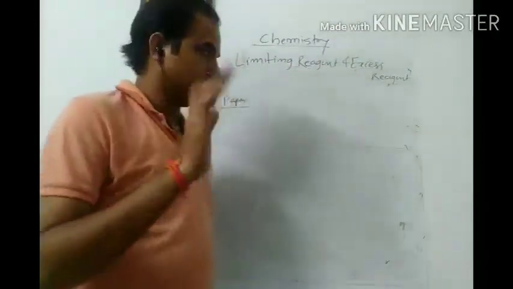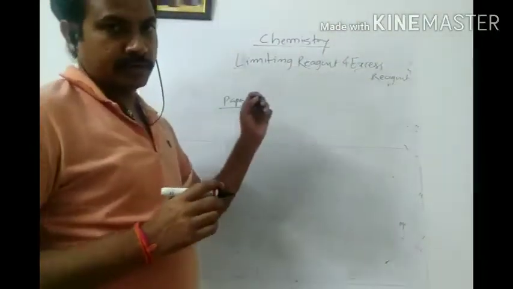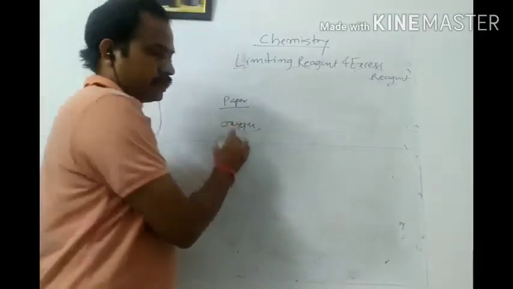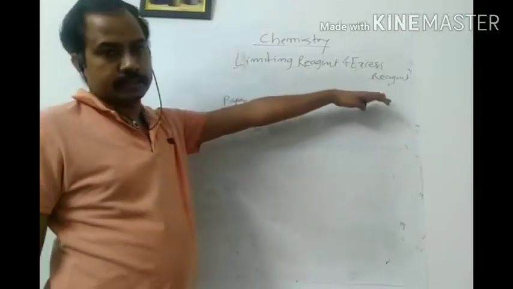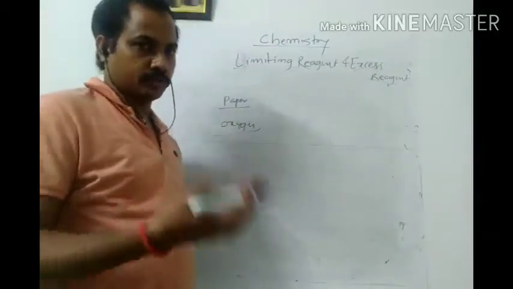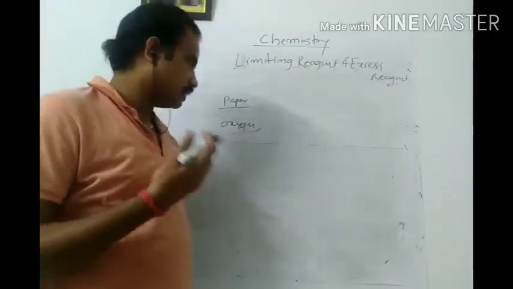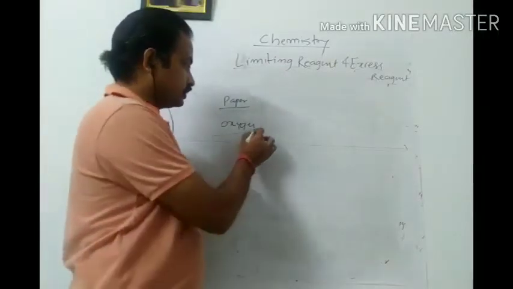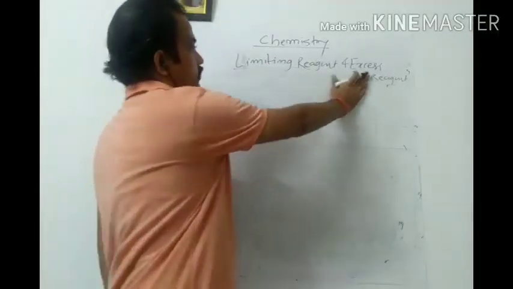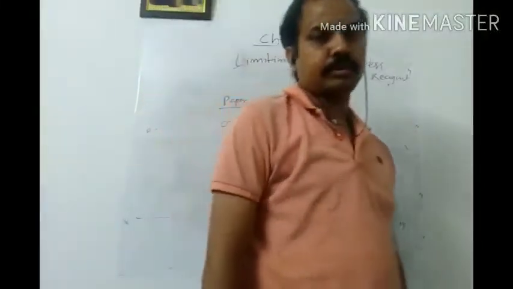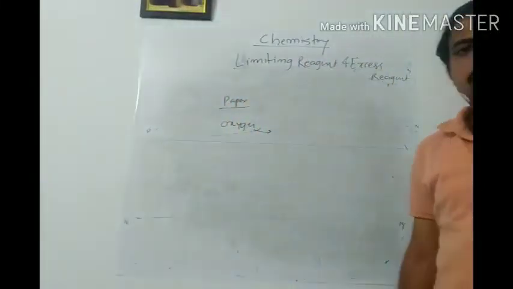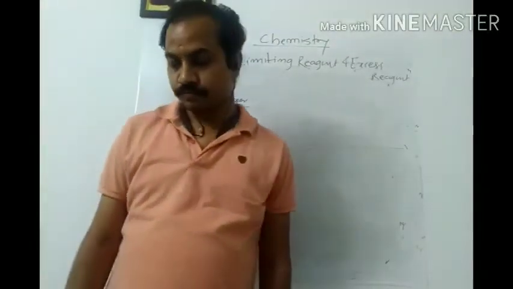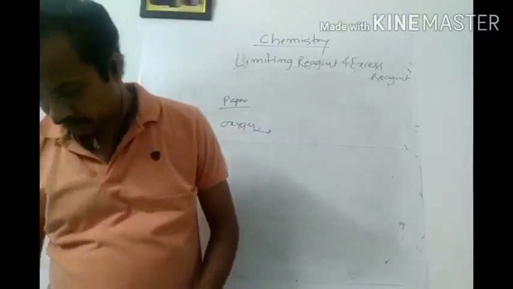Now the second concept: for burning we need oxygen. Though the paper ends, oxygen is still there to continue the burning process. So oxygen is continuous, so oxygen is nothing but the excess reagent. So with this simple example of burning paper, you can understand the concept.